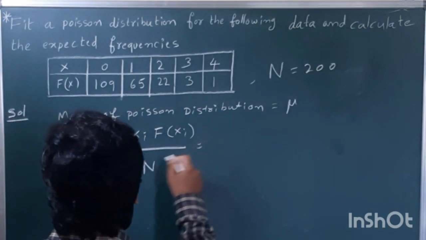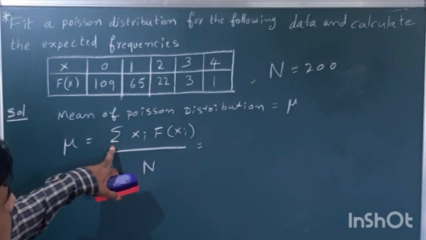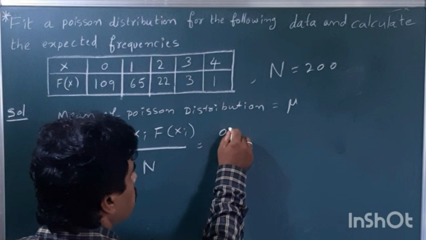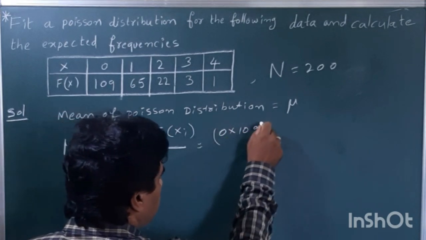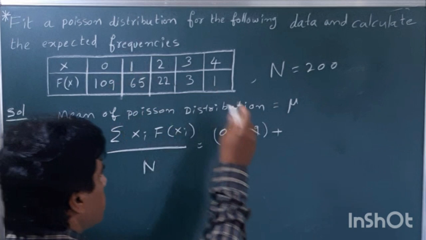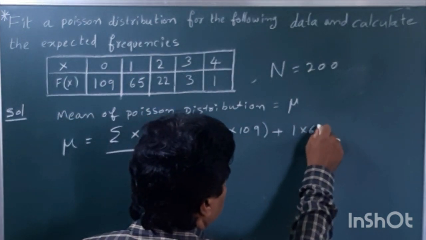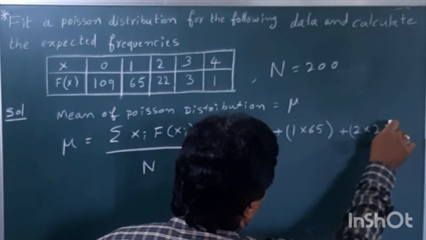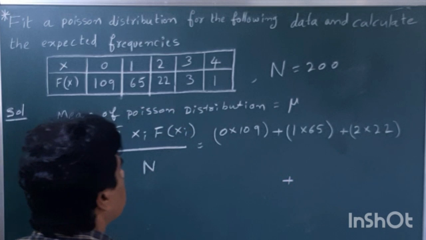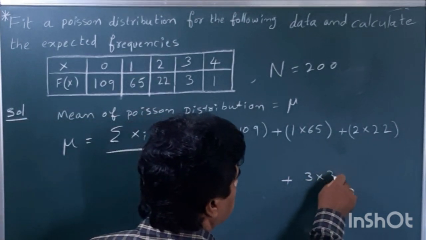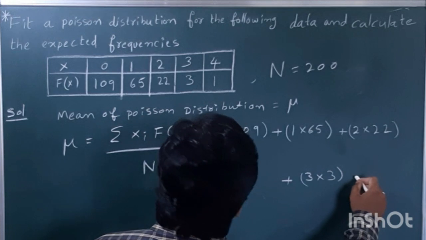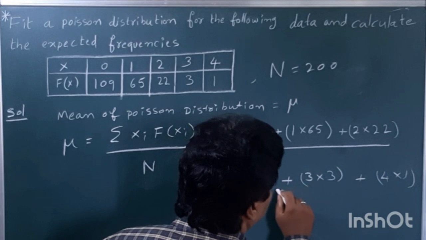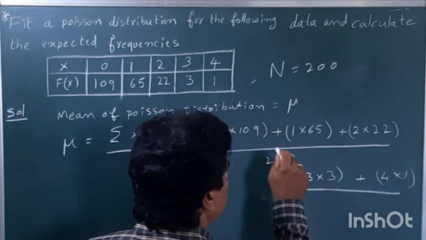Now how to find these values? Summation xi into f of xi is 0 into 109, plus 1 into 65, plus 2 into 22, plus 3 into 3, plus 4 into 1, whole by 200.